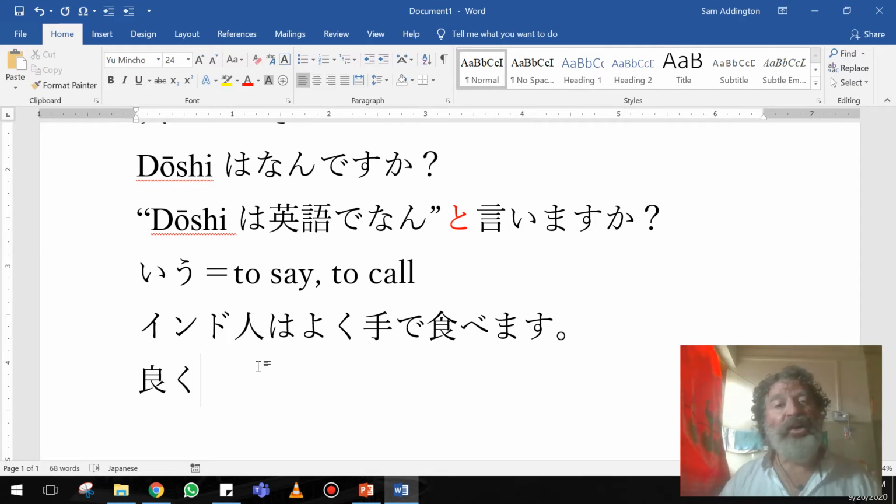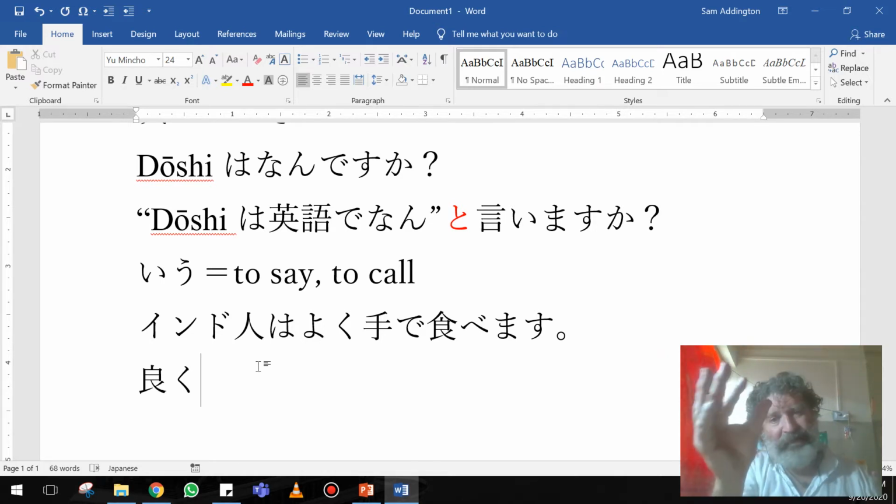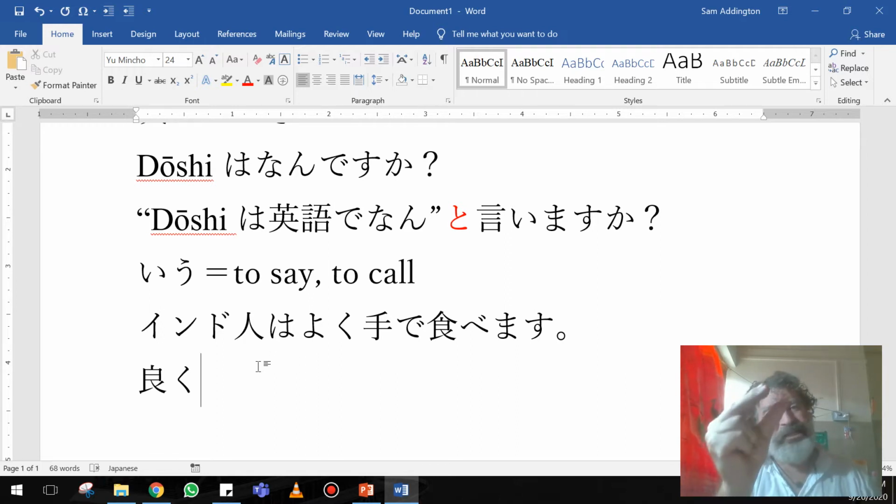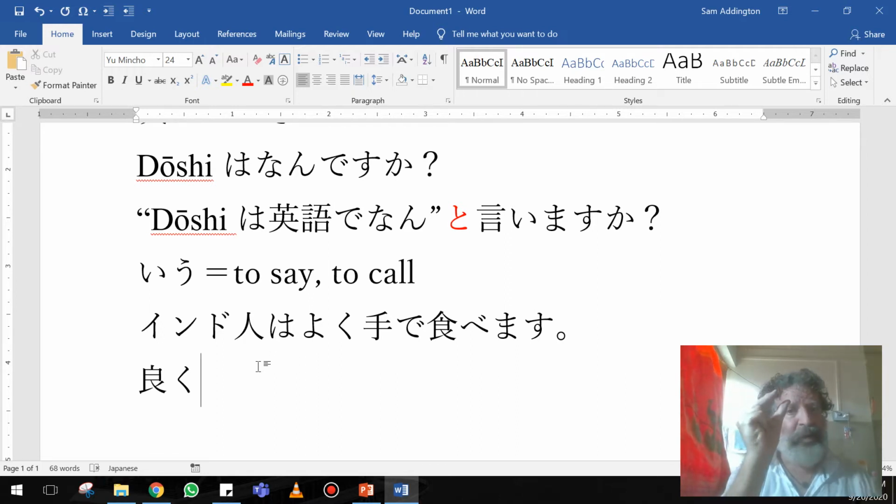Indo-jin wa yoku te de tabemasu. Now, the reason I wrote this sentence down, I wanted to illustrate the use of de. It's using the instrument of the hand. In Sanskrit grammar, it would be called the third case, the instrumental case.